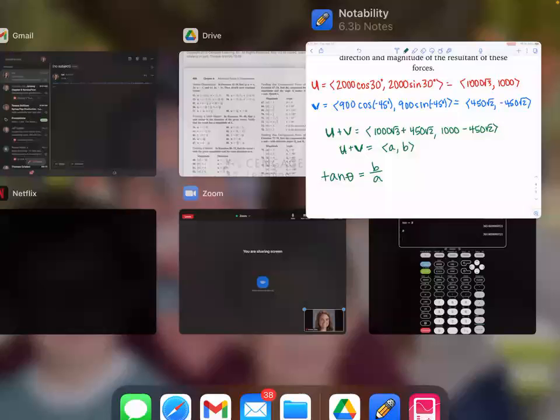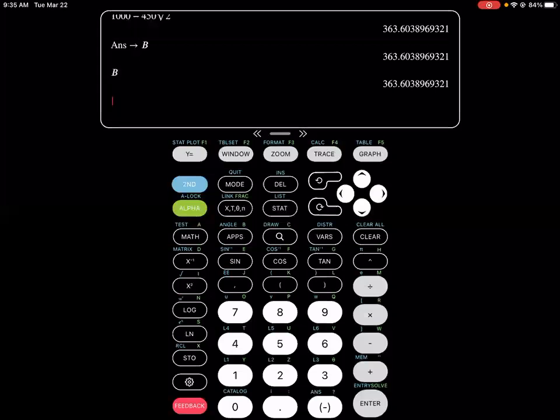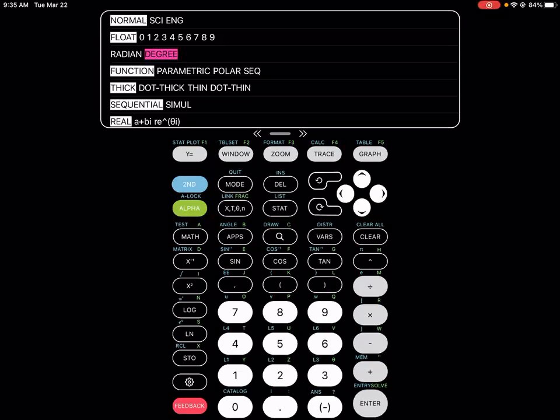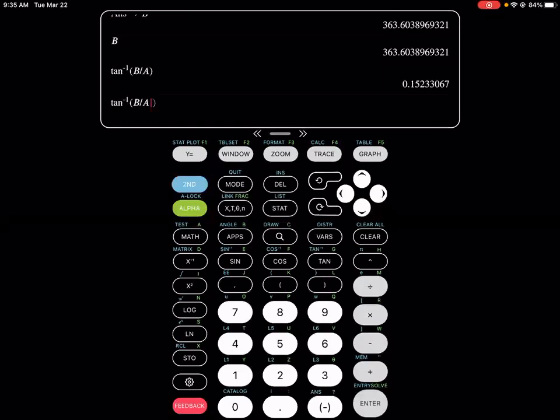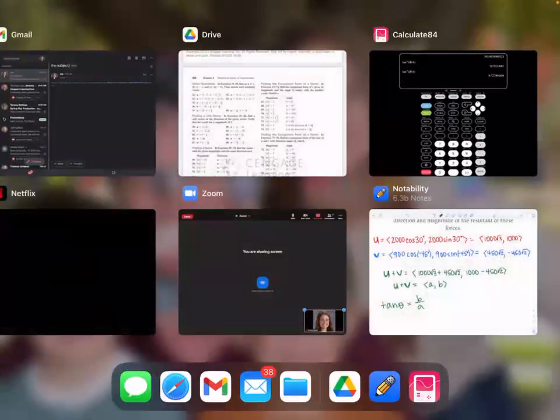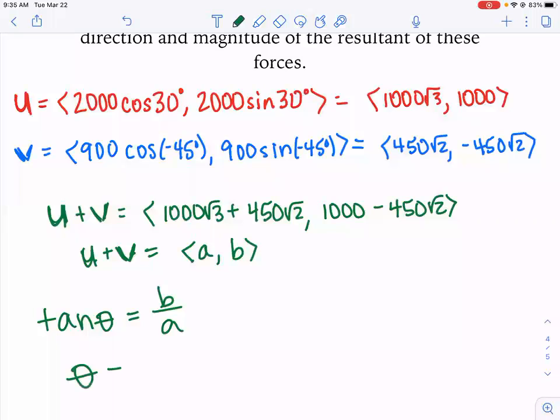So in my calculator, I'm going to take the inverse tangent of alpha b divided by alpha a. Oh, I'm in radians. Do you get 8.7? Okay, that was a lot easier than having to put all those numbers in, right?